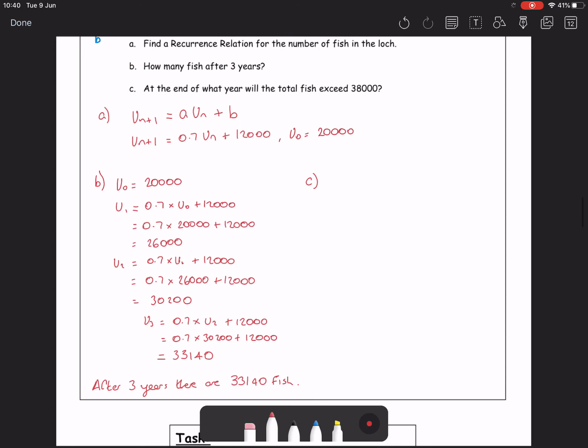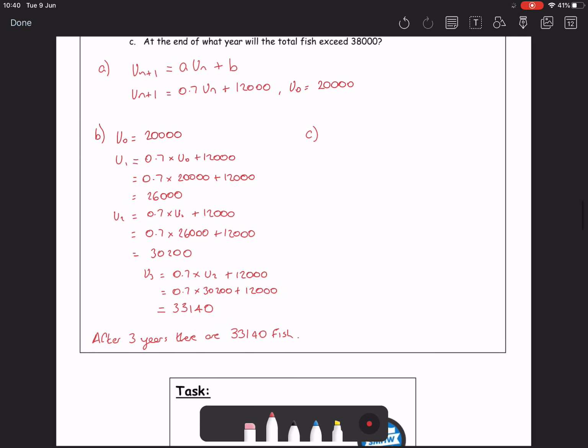And part C: at the end of what year will the total fish exceed 38,000? So my calculator is set up, I've not pressed that any further. After 3 years, I have 33,140 fish. After 4, equals tells me 35,198. Press it again. U5 is 36,638.